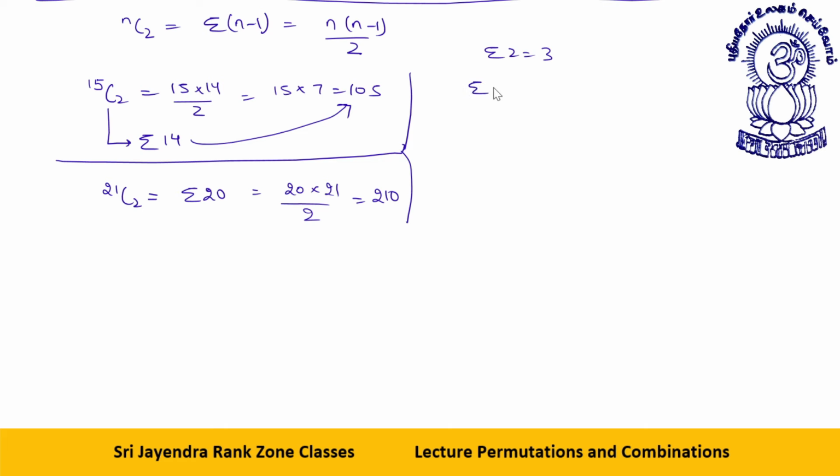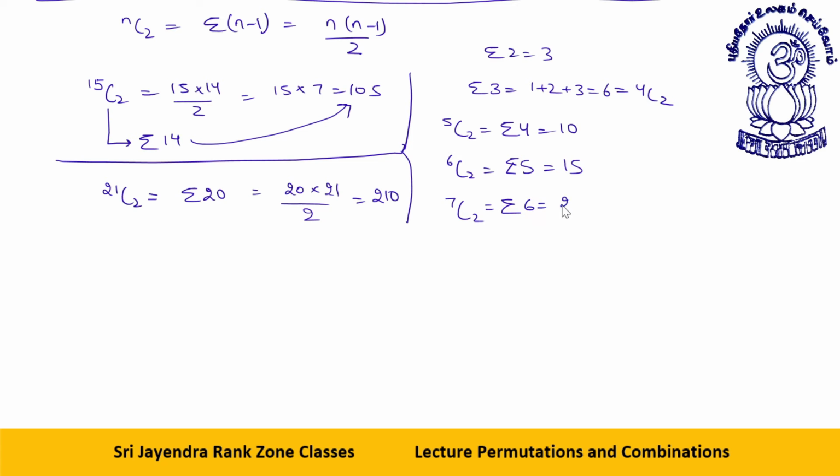Summation 3 is 1 plus 2 plus 3, this is 6. 4C2 is summation 3, that is 6. 5C2 is summation 4, that is 10, 1 plus 2 plus 3 plus 4. 6C2 is summation 5, that is 15. 7C2 is summation 6, 21.